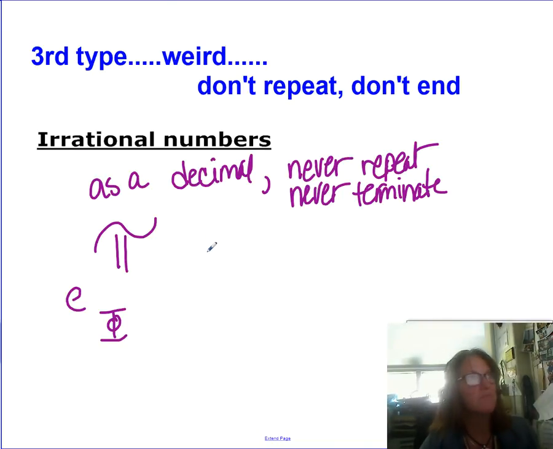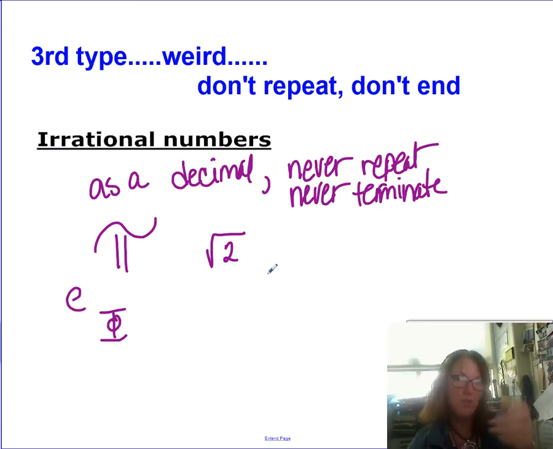Not kidding. The square root of 2. Yes, the square root of 2. 2 isn't a perfect square. So when you plug this in on a calculator, you get something like 1.414, and it keeps going, and it fills up the screen. And if we had some magical calculator that would go on forever, it never repeats, never terminates.